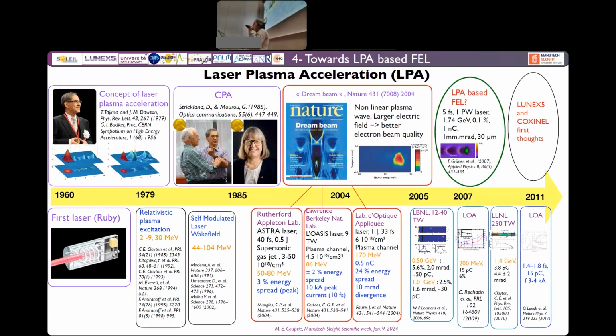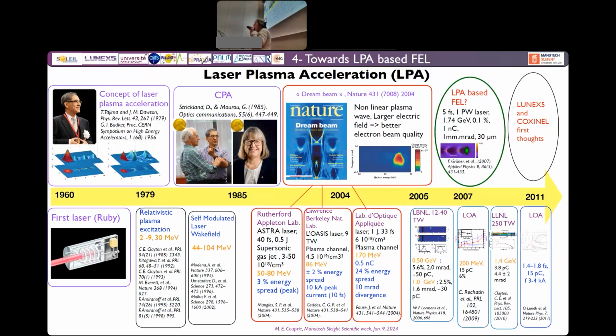So they could have a larger electric field and a better electron beam quality. I say better electron beam quality, but it was still quite far from what is obtained on conventional accelerators. At Rutherford Appleton Lab, they could get 50 to 80 MeV and an energy spread on the peak of 3%.